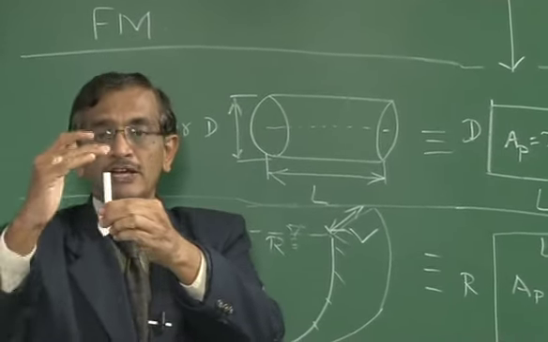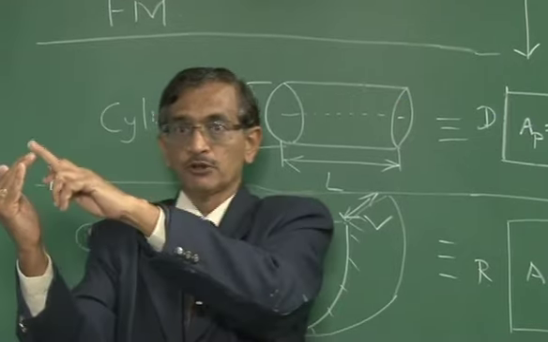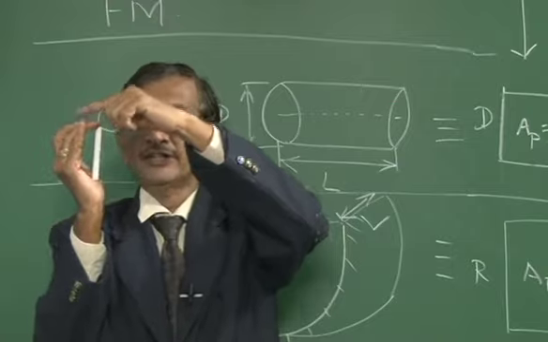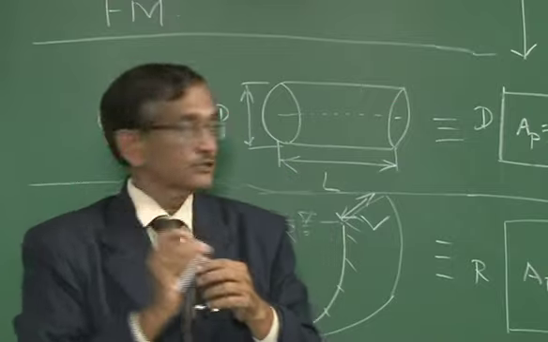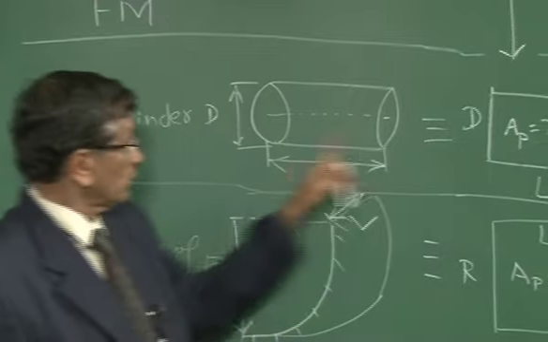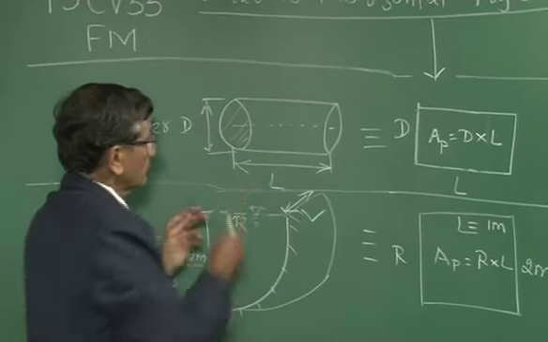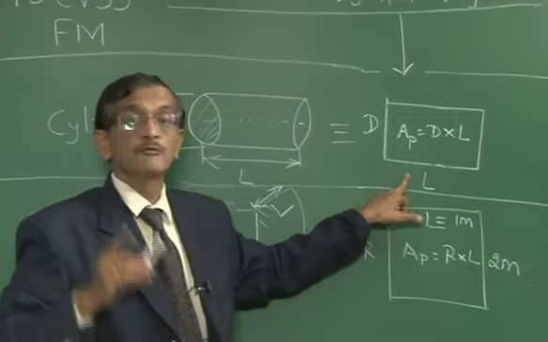Whatever the length is there, this portion will be the length. So this is your D, and this is your length. So the projection is like this. A circular area of this becomes a rectangular projection.